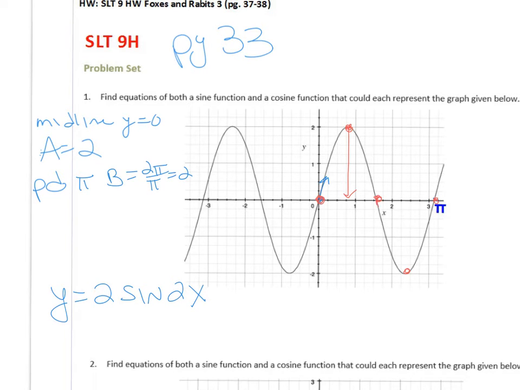So that means halfway is pi over 2, and halfway again is pi over 4. So then my cosine graph is moved to the right, pi over 4. Oops, did you catch my mistake? That should be a minus for right pi over 4.